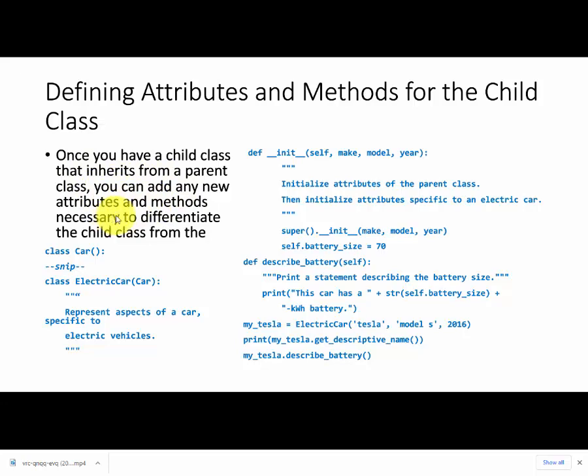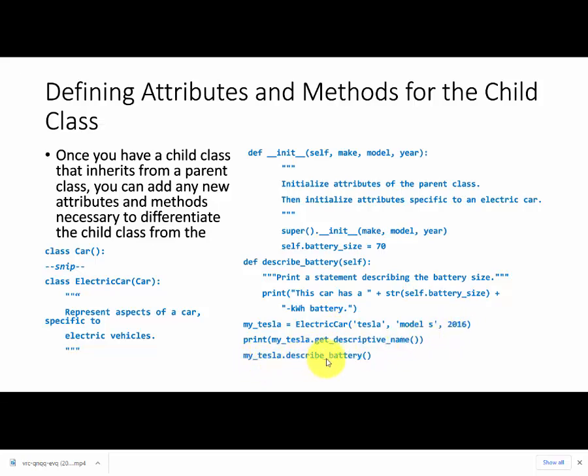Once you have a child class that inherits from a parent class, you can add any new attributes and methods. So I am adding one new method called describe battery. In my electric car, earlier there was no describe battery. Now I have added it. This car has a battery size of some kilowatts, voltage, something you can mention here.